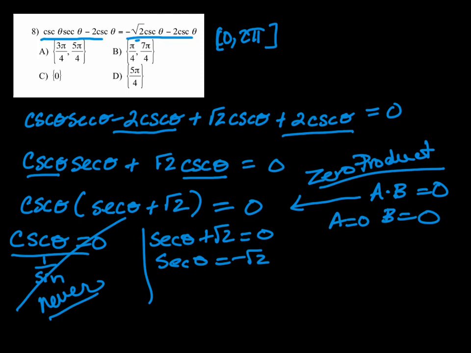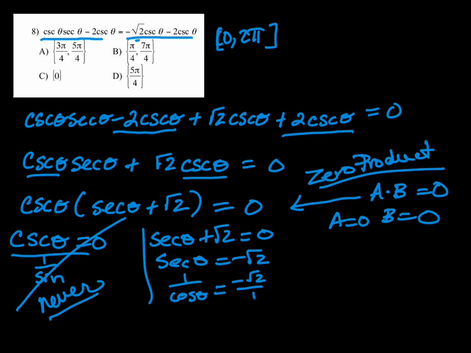If secant theta is negative square root of 2, then 1 over cosine theta would equal the negative square root of 2 over 1. So I just changed secant to 1 over cosine.